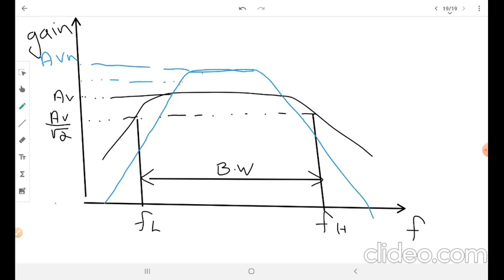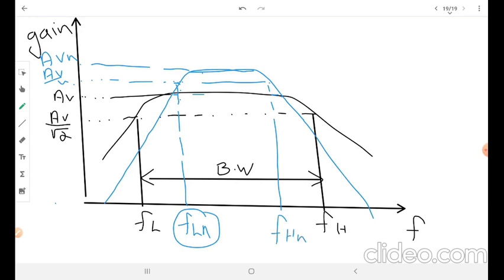Then after cascading we can see that, what happened to the lower cutoff frequency and upper cutoff frequency in the n stage cascaded amplifier? The lower cutoff frequency is increased by a factor root of 2 raised to 1 by n minus 1. This is the new lower cutoff frequency. And what happened to the upper cutoff frequency FHN?